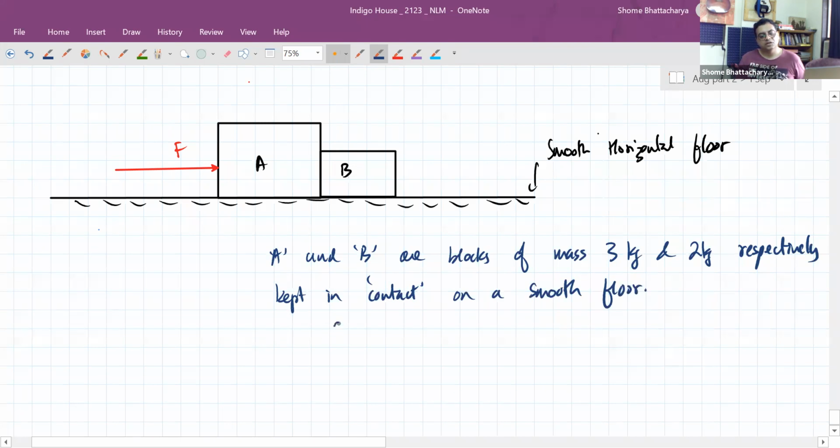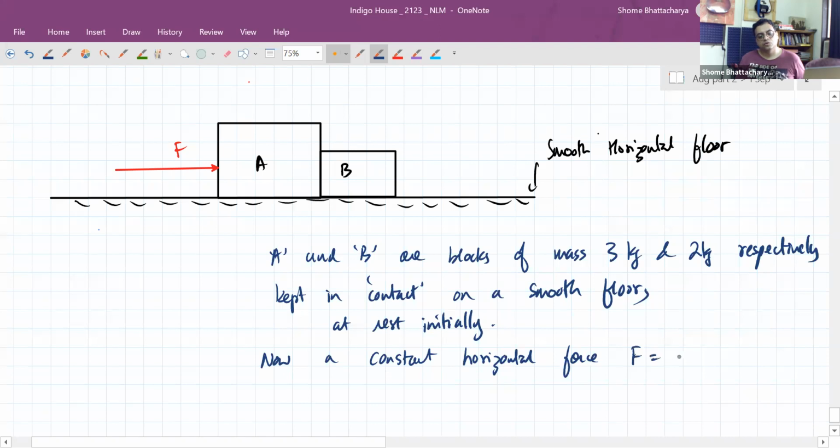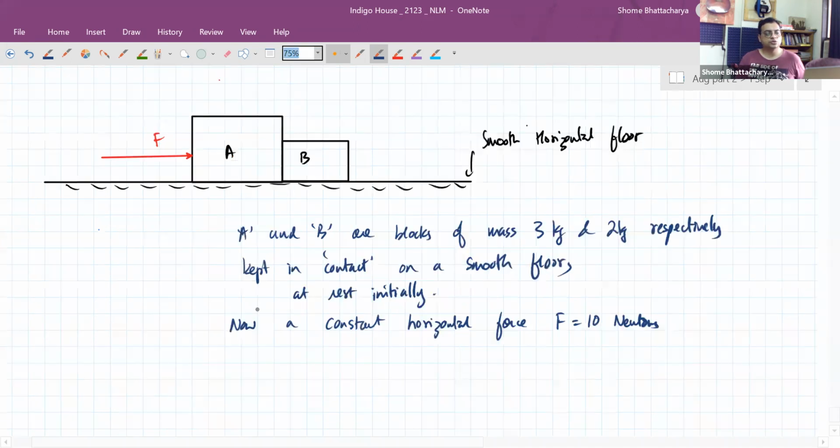Now they are at rest initially. Now a constant horizontal force of magnitude 10 newtons is applied on A as shown.